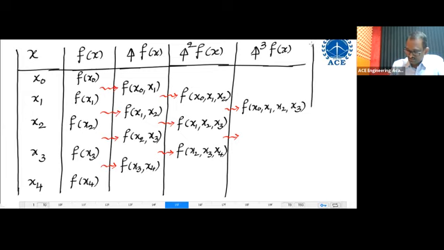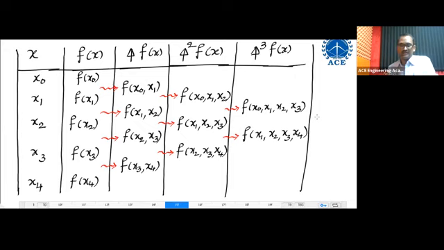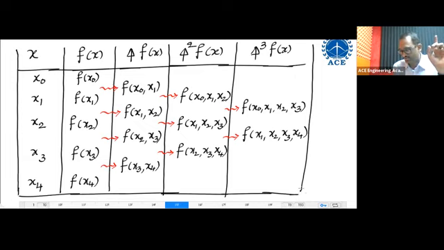Between f of x1, x2, x3 and f of x2, x3, x4, it should be f of x1, x2, x3, x4. Between these two also we can write the table in this manner until the last column contains a single value. Until the last column contains a single value, we need to write the table. And let us find each value now, and I will show you.